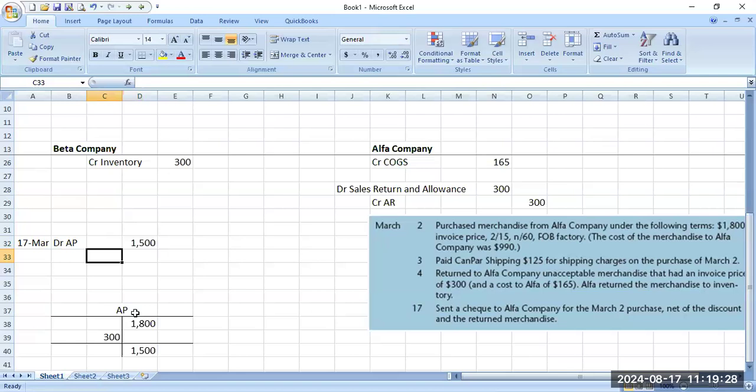The question now is, how much cash are we going to pay? We're going to pay 1,500 less the 2%.